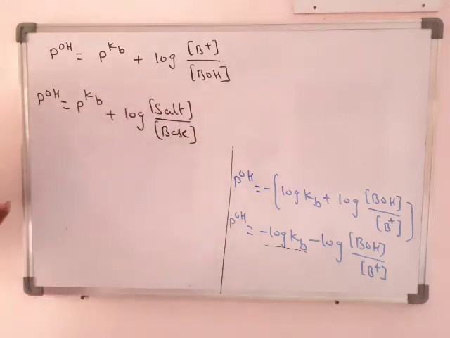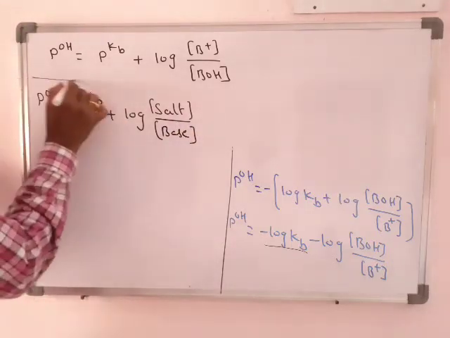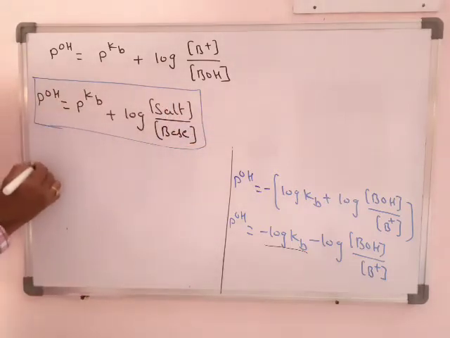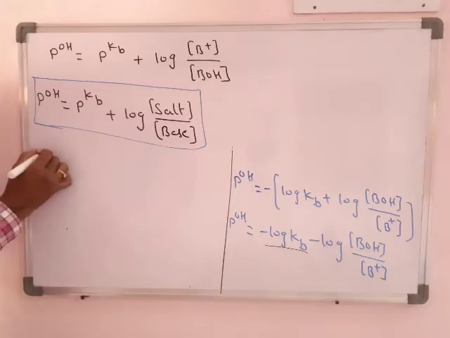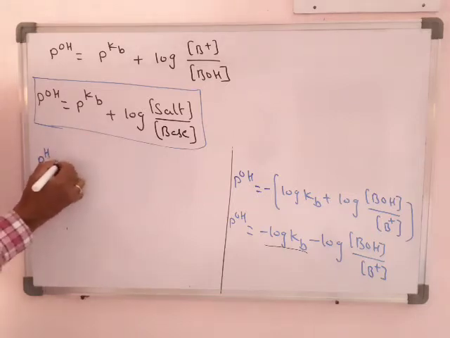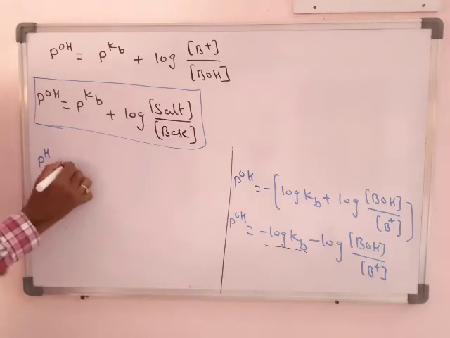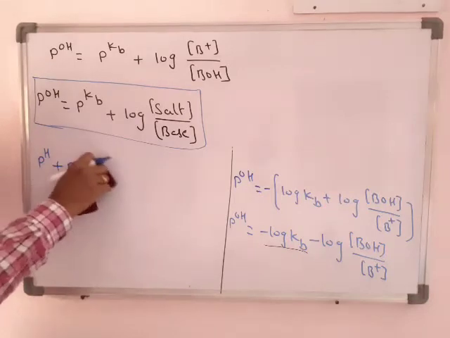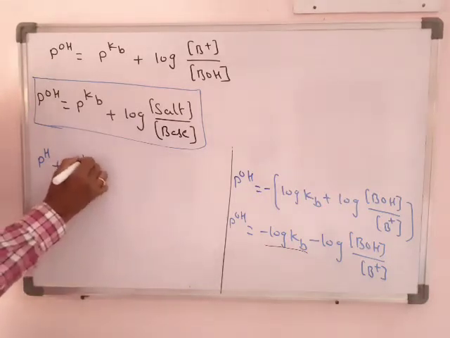Okay. So this is known as Henderson's equation for the calculation of pOH of buffer solutions. Actually we want to calculate the pH. Simply, we know the formula pH plus pOH equals 14. Already we know this formula; it's a basic formula in pH.